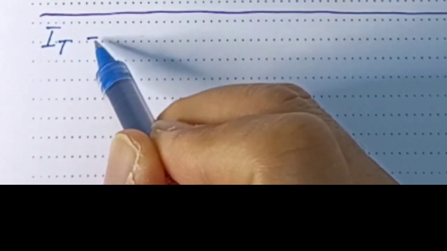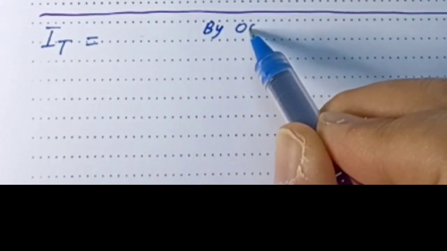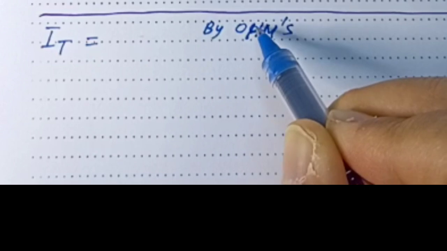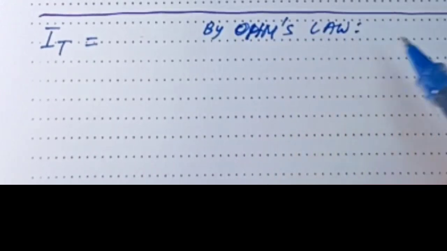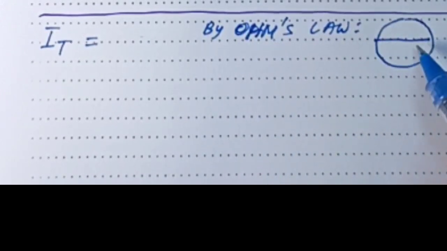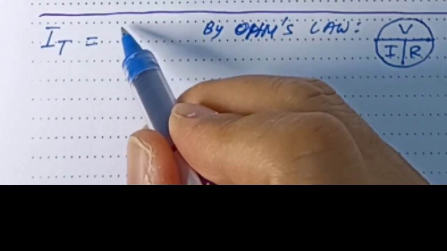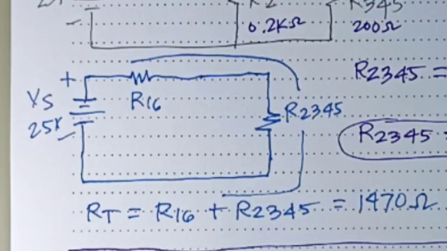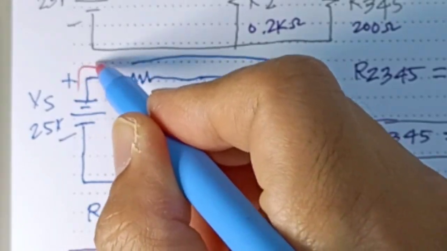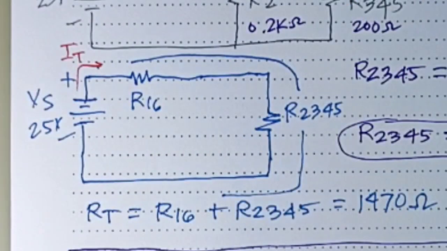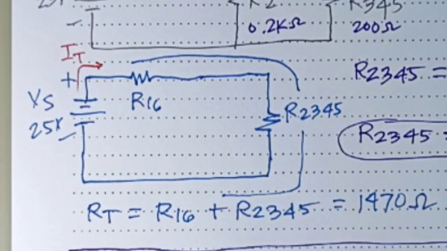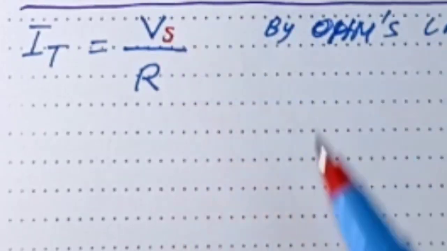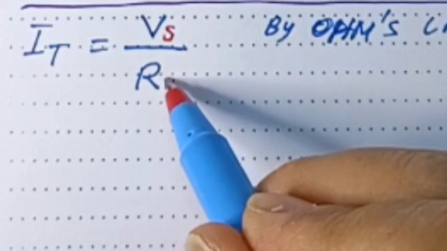I total, or total current, will be equal by Ohm's law. Ohm's law relates V, I, and R. We can get I as V over R. But because we're talking about I total coming from the voltage source, I total will be equal to the voltage source Vs over the R total, RT.